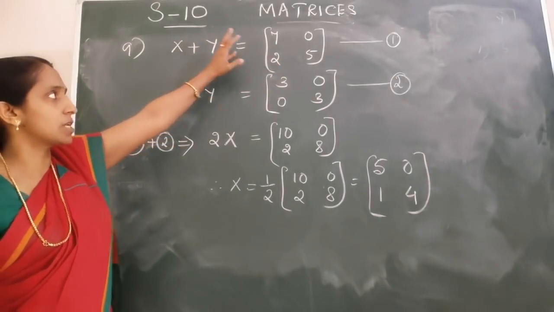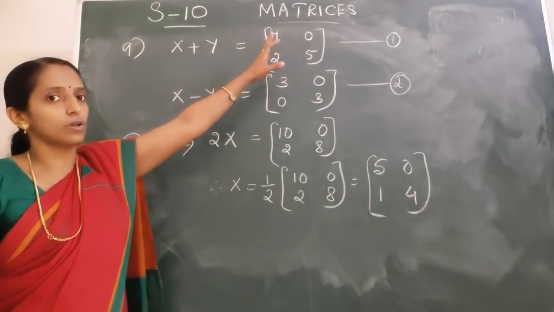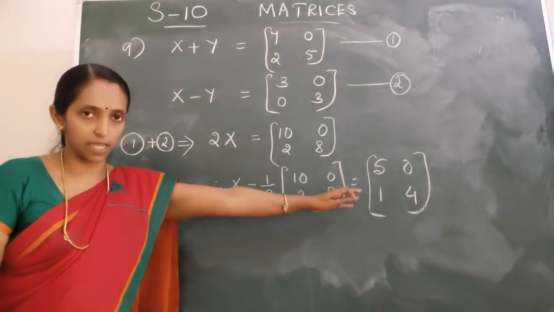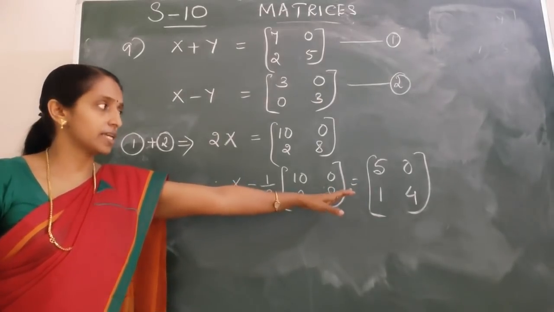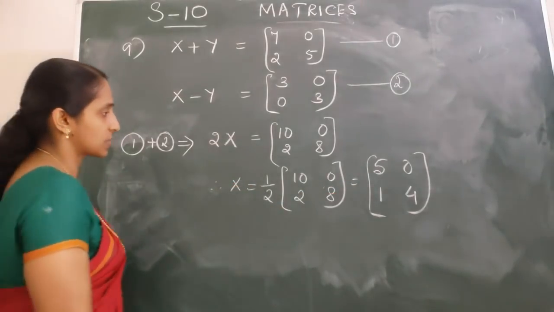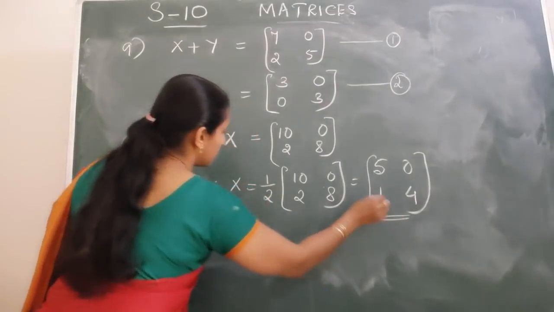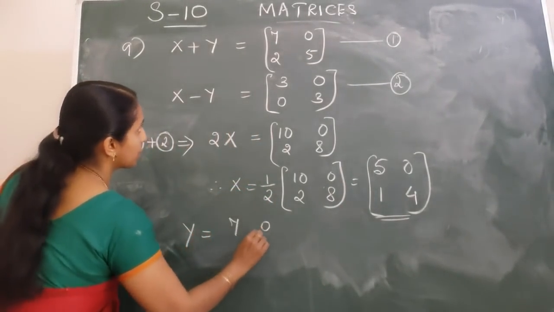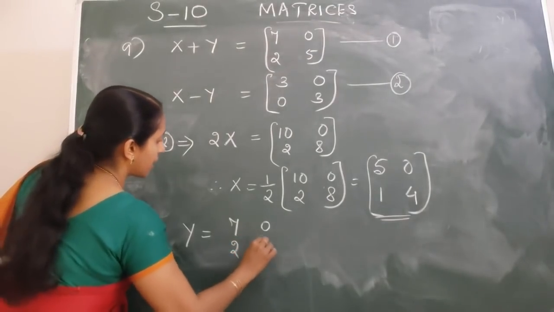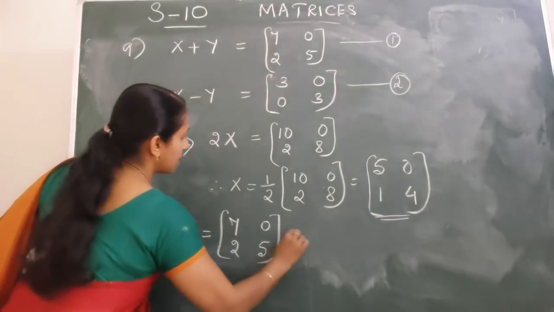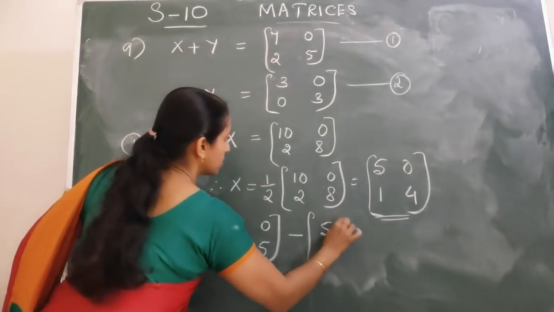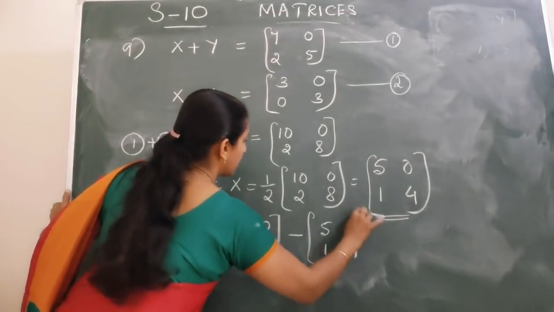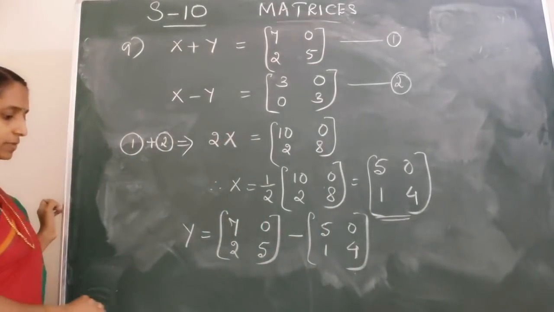Y will be equal to [7, 0; 2, 5] minus X. So we got the X value. Now write down. Then Y will be equal to [7, 0; 2, 5] minus [5, 0; 1, 4]. Calculate it.